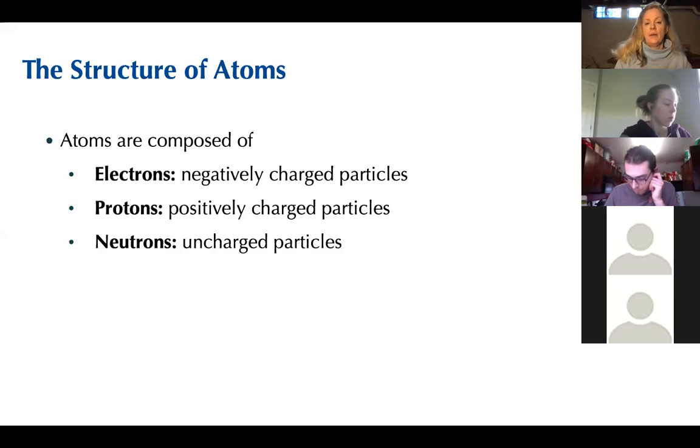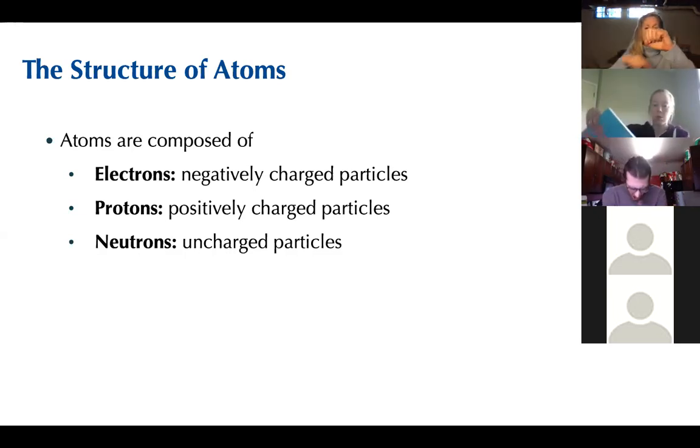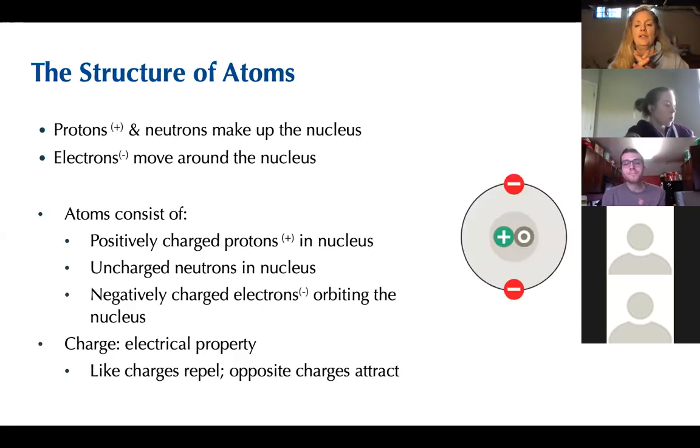Your protons are positively charged, and your neutrons are not charged, neither positive nor negative, neutral. Your electrons are the negatively charged particles, and these are going to be the particles that whir all around the core of the atom, all right?